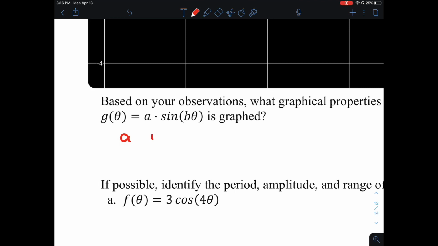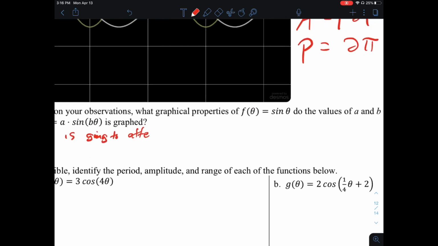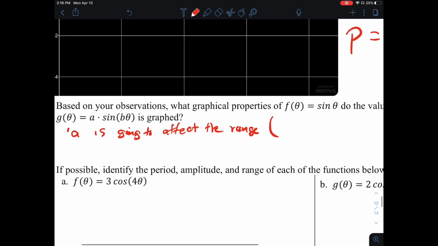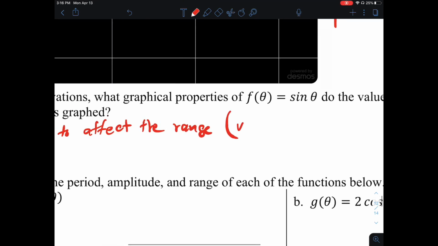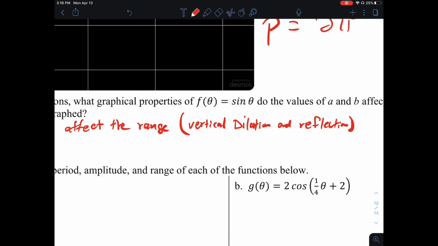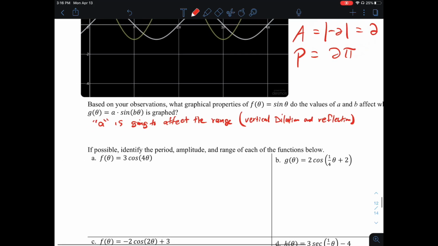It's going to affect the range. And I'll just put in parentheses for emphasis, vertical dilation and reflection is what a can do. Reflection if it's negative, it's a dilation if it's anything other than 1.